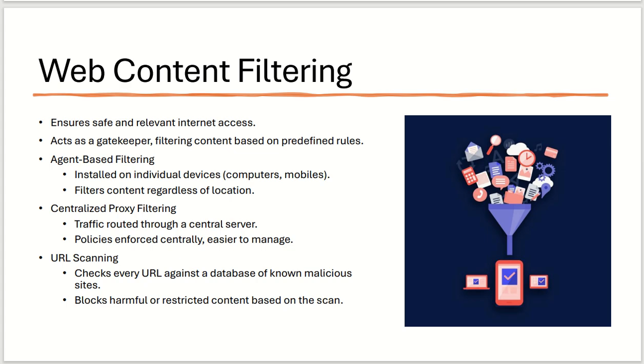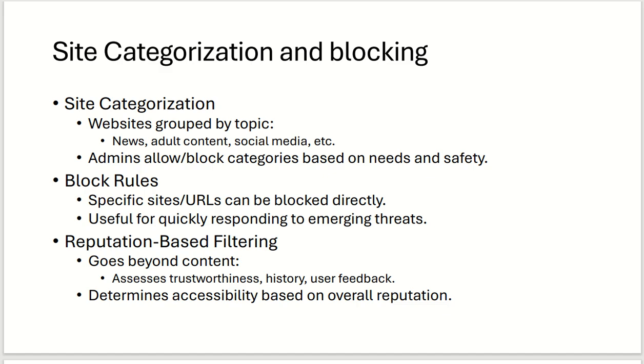With URL scanning, there is a database of known malicious websites that is established. So every URL that is requested is checked against this database. If the website is found in this database, then such a URL is blocked to prevent or restrict harmful content from getting to a certain device.